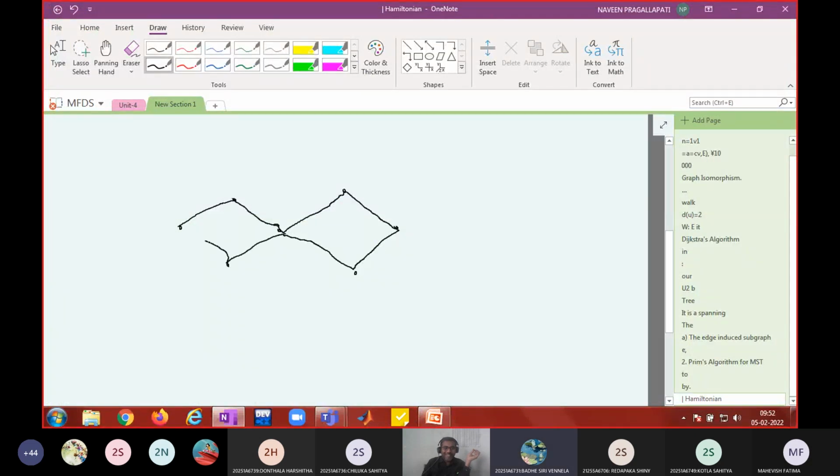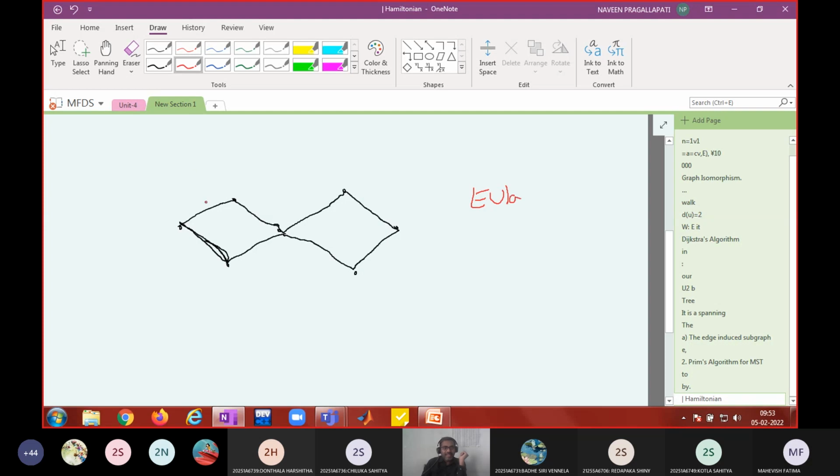Eulerian, sir. Because the way I am drawing, you can see that this is Eulerian, right? So 1, 2, 3, 4, 5, 6, 7, 8. I visited all the edges, I covered all the edges, and I came back to the original vertex. Therefore, I got a closed Eulerian trail. Therefore, this is Eulerian.